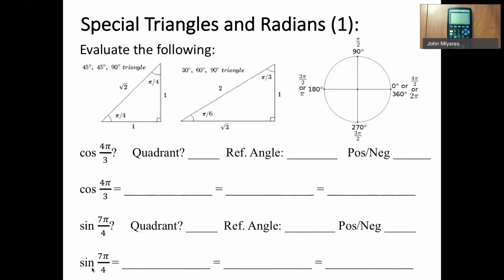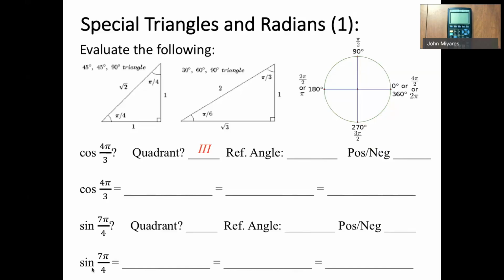Here's the first couple we want to try. The cosine of 4 pi over 3 and the sine of 7 pi over 4. In the first case, 4 pi over 3, which is 1 1/3 pi if I turn that into a mixed fraction, is bigger than pi, but less than 1.5 pi. So that's going to place the terminal side in quadrant 3.